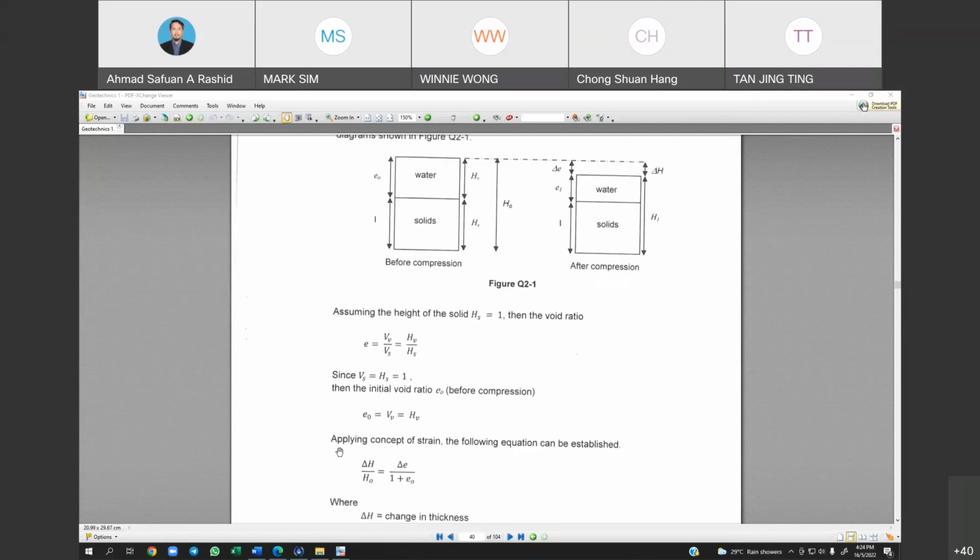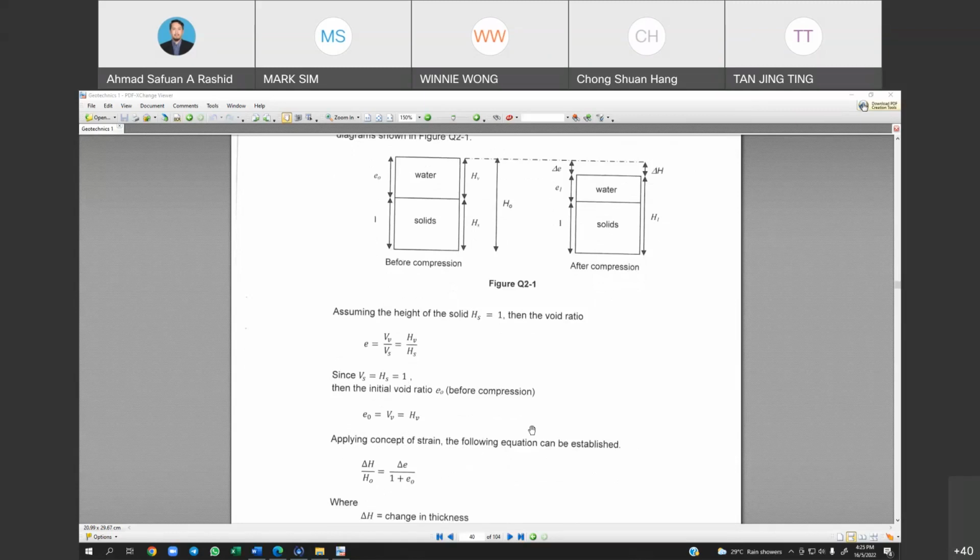Applying the concept of strain, the following equation can be established. Strain is the deformation over the actual length.